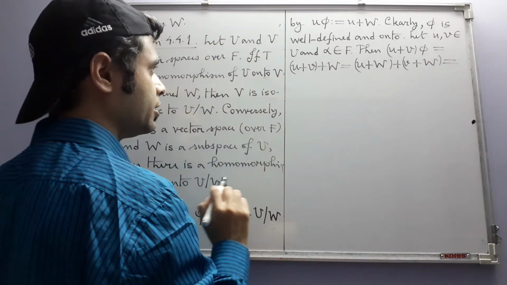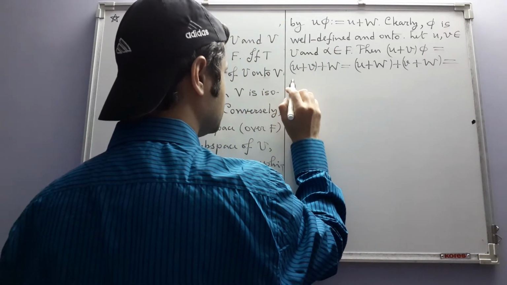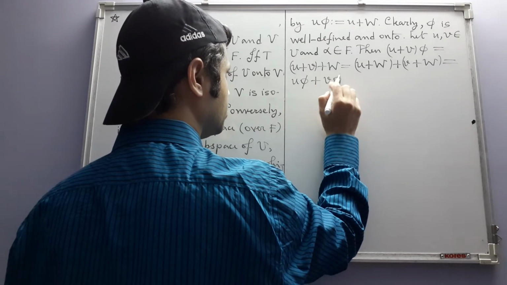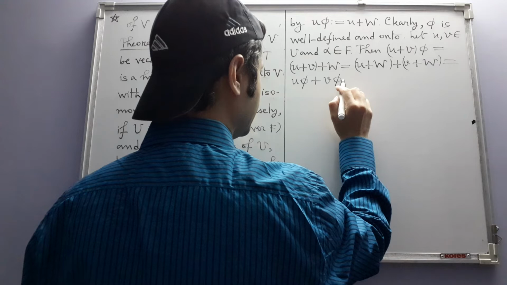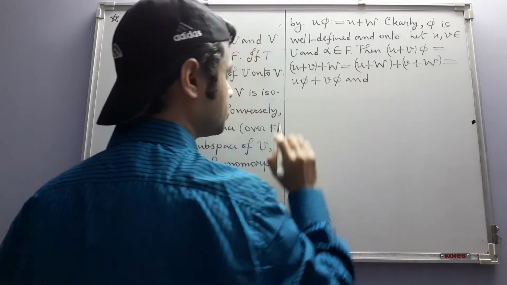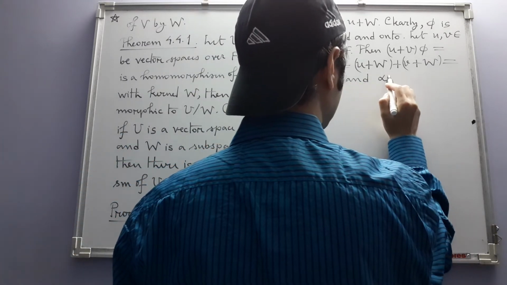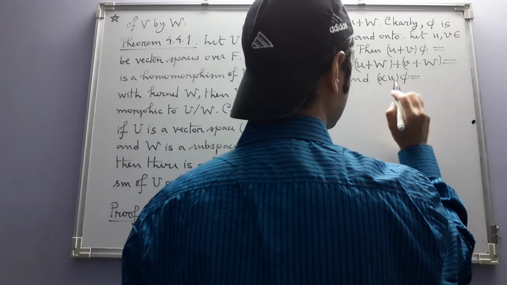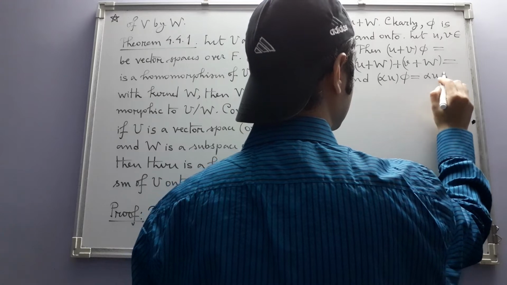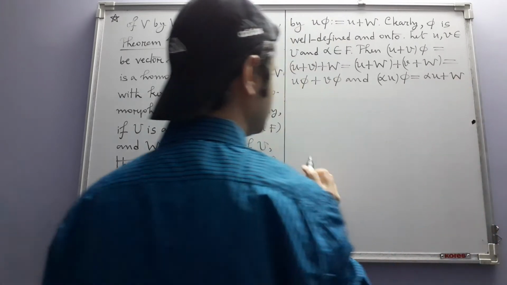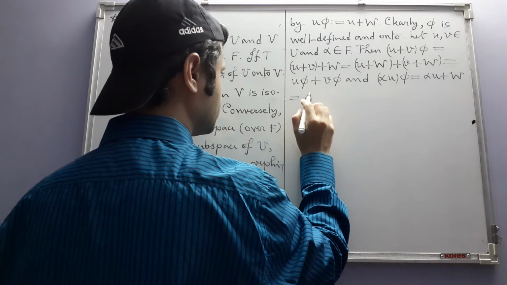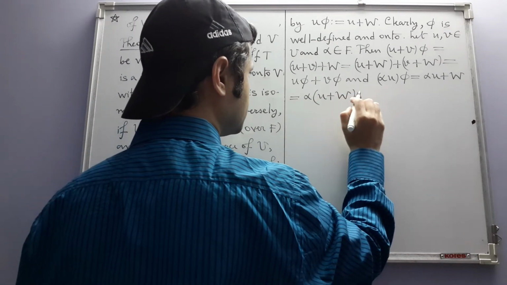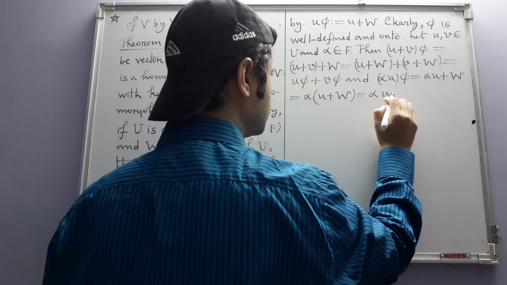And that again by the definition of the function phi is u phi plus v phi, and (alpha u) phi is equal to alpha u plus W, which is equal to alpha times (u plus W), so that is equal to alpha times u phi.